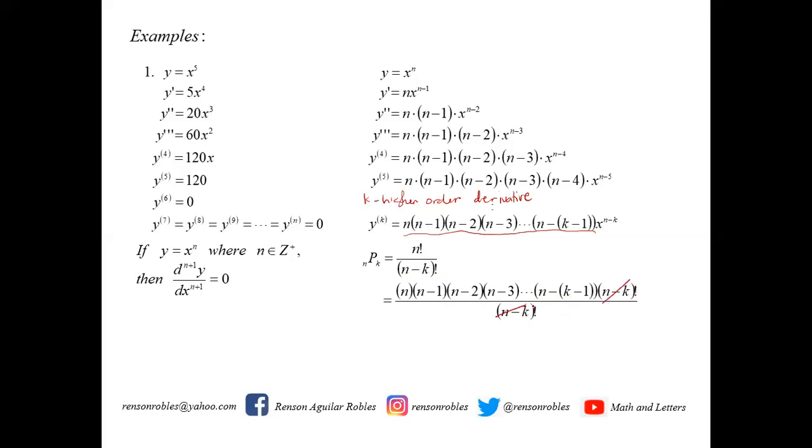Okay, and that leads us to n times n minus 1 times n minus 2 times n minus 3 running until n minus k minus 1, and that is equal to this expression. So finally, the kth derivative of y in terms of x can be written as nPk times x raised to n minus k.